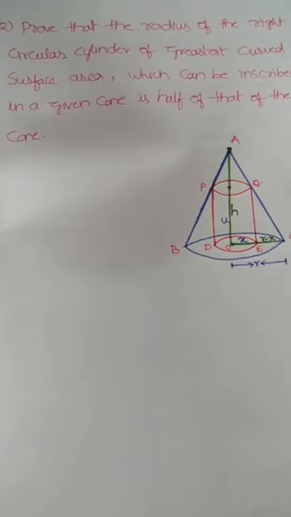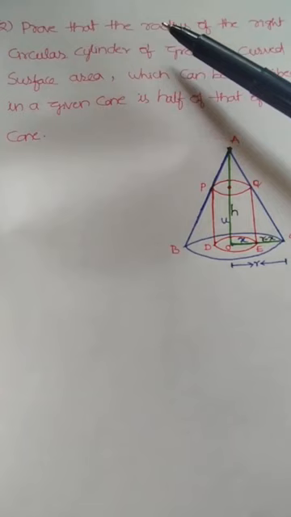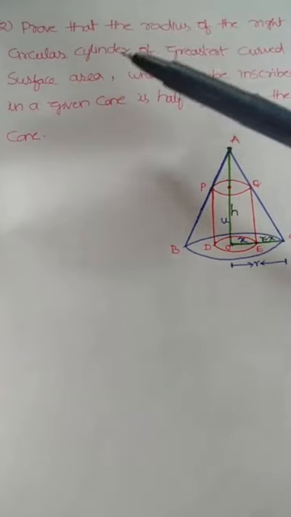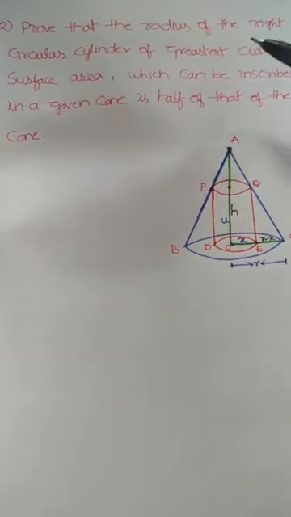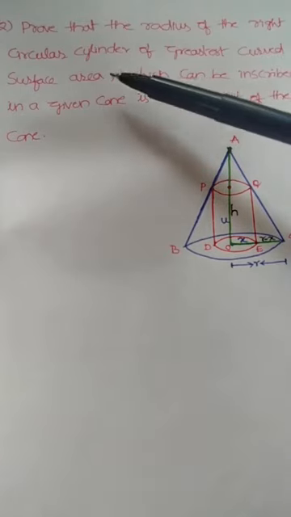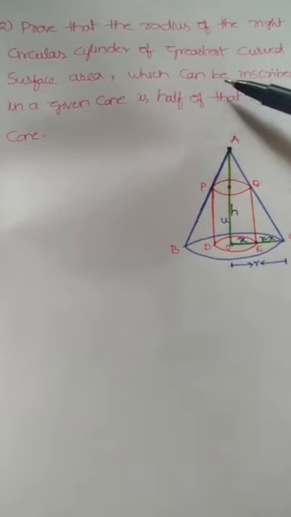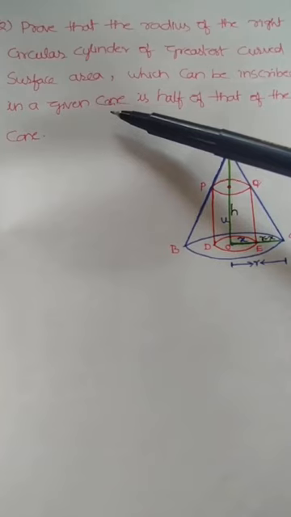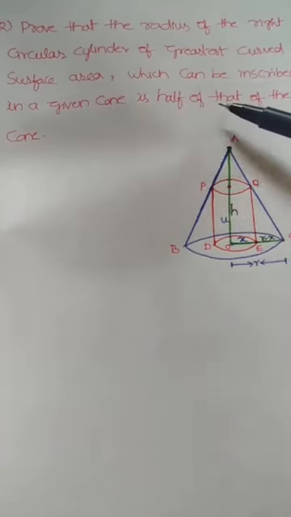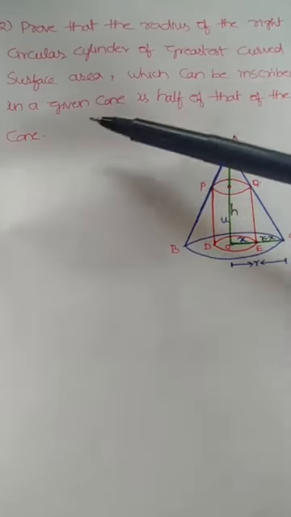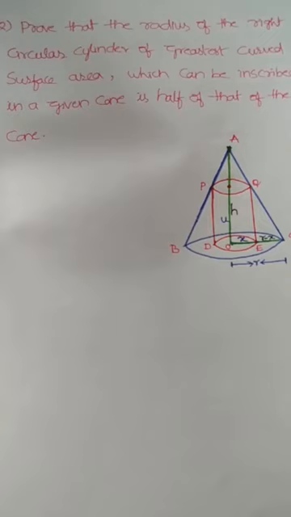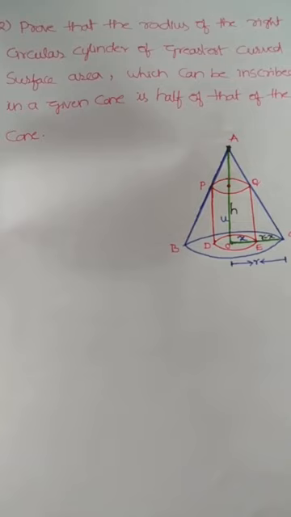Observe the problem clearly. Prove that the radius of the right circular cylinder of greatest curved surface area which can be inscribed in a given cone is half of that of the cone. In our previous session the cylinder was inscribed in a sphere.